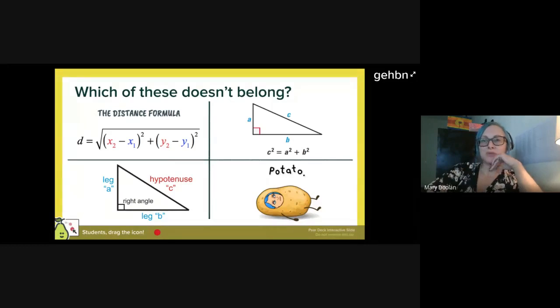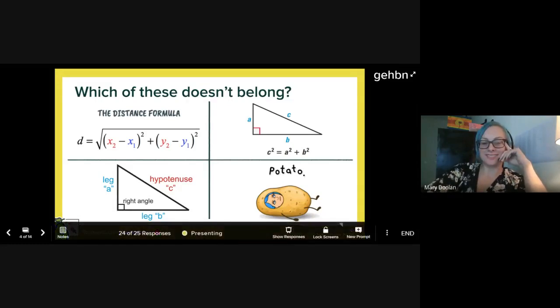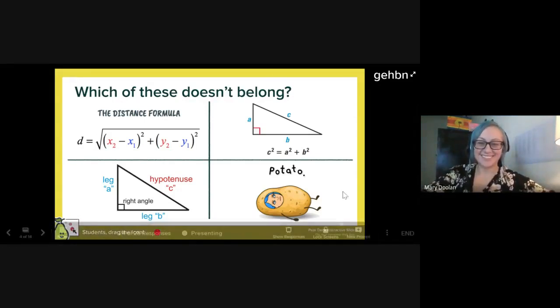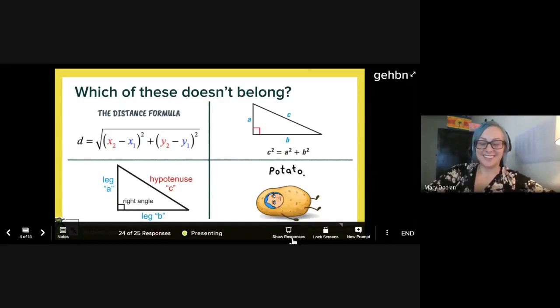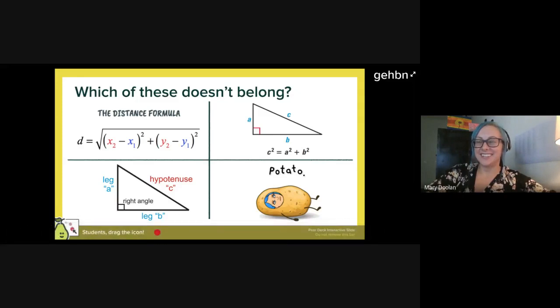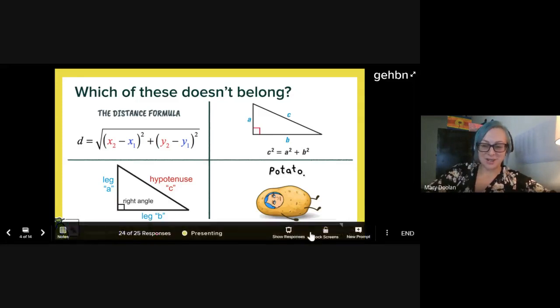Okay, so I have 24 of 25 responses. Some of you are still moving your dots around, trying to decide where you want to put your dot. It's a super difficult question, I know. All right, I'm going to go ahead and show your responses.